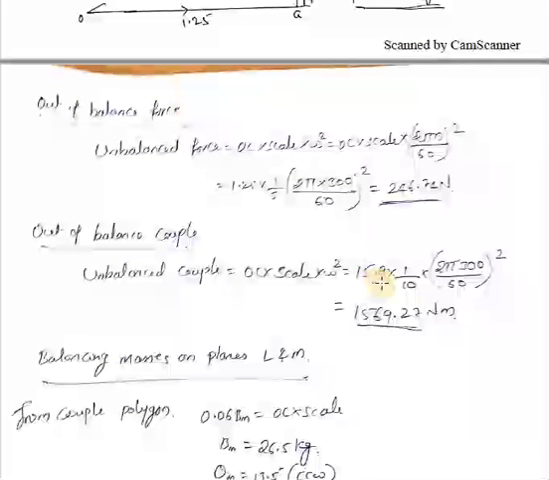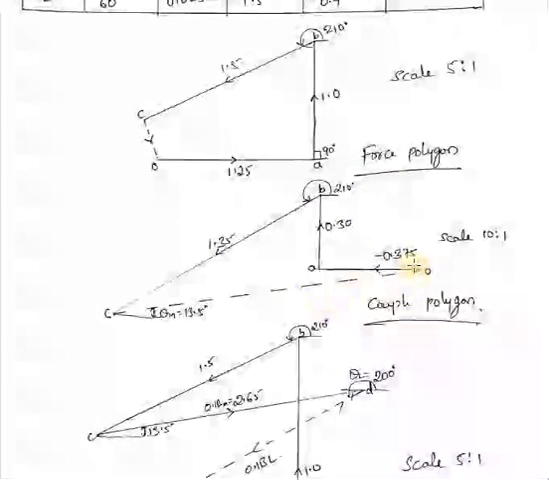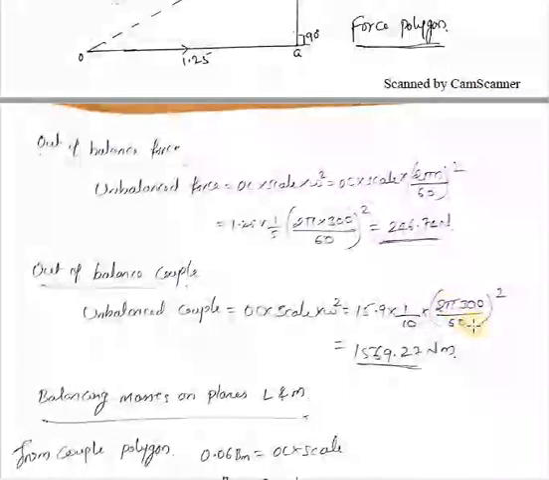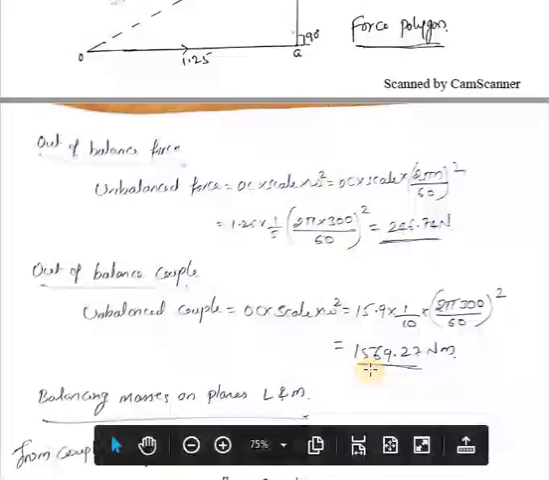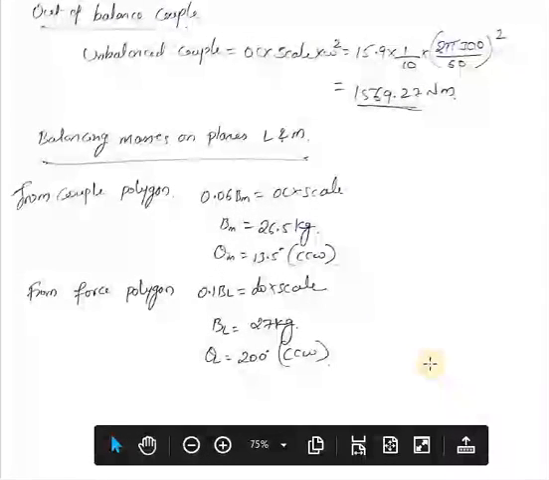So it is 15.9 into 1 by 10, which is the scale I have taken, from this couple polygon OC I have to take, then (2 pi n by 60) whole square. From that you will get the value as 1569.79 Newton meter.